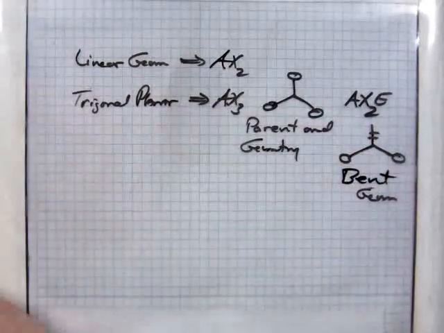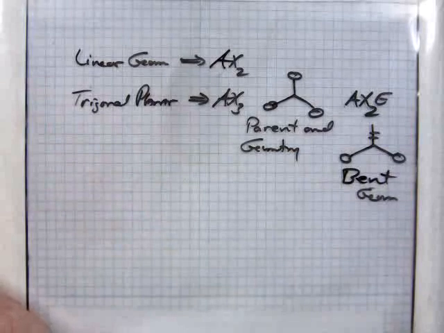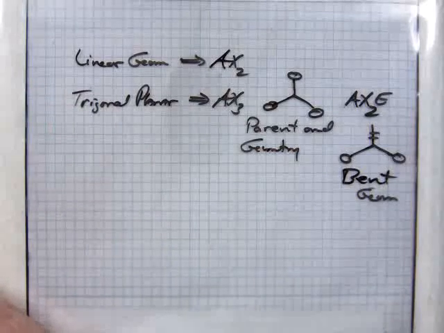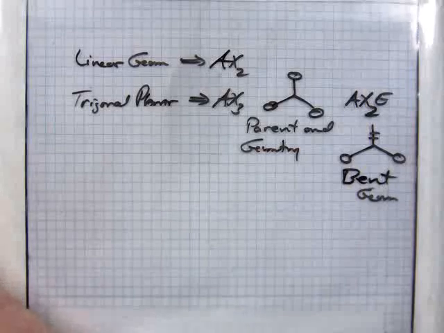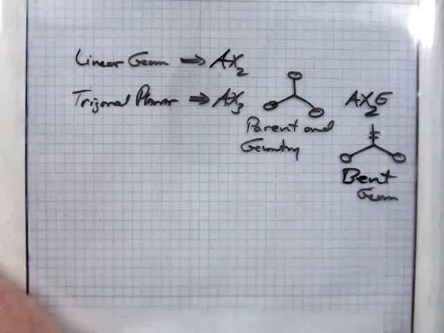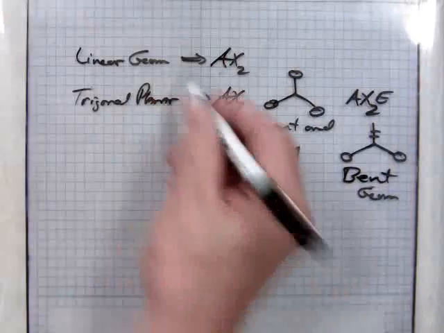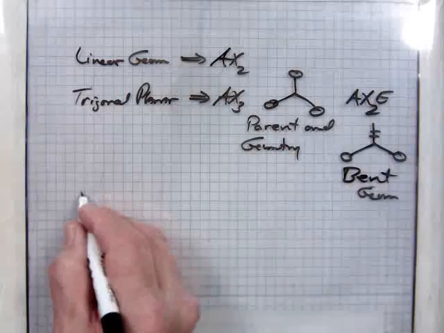And the parent and the geometry are not the same in this case. Only if, when you work out the valence, the bonded pairs, non-bonded pairs, and substrates, it shows out to be an AX3 in the molecule, then yeah, that's the same as the parent structure. But if you have non-bonded pairs, it isn't the same as the parent structure. That's the point.